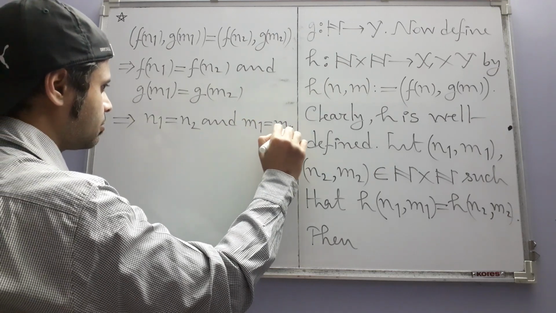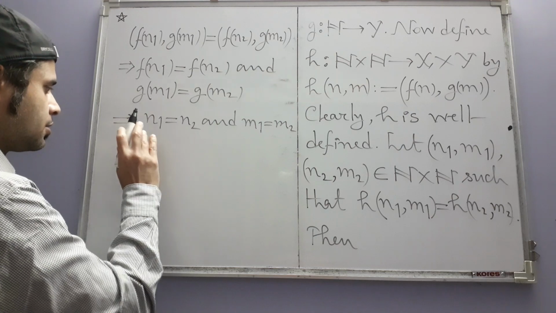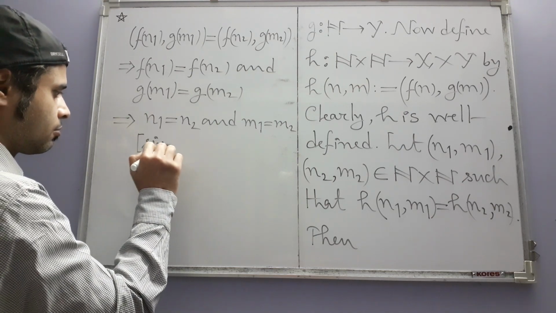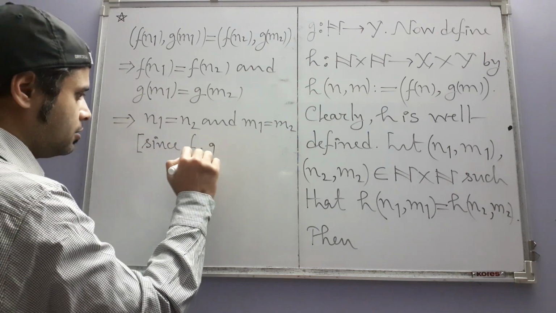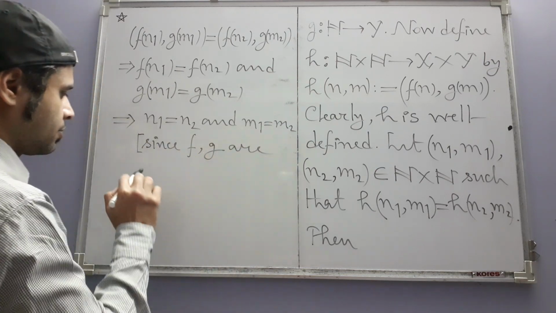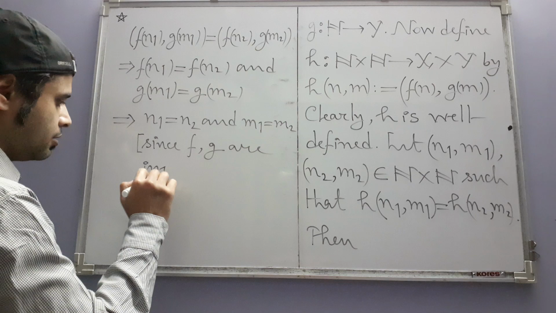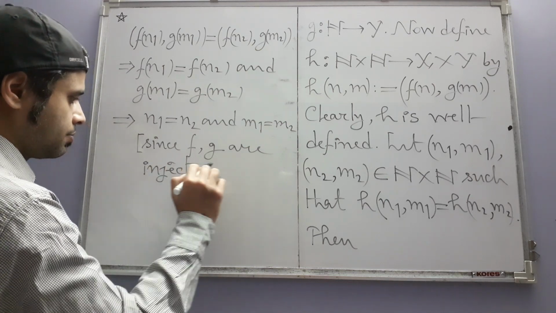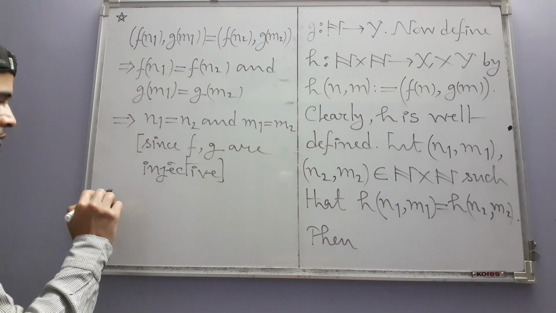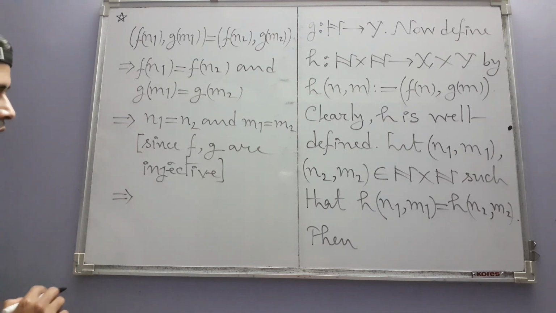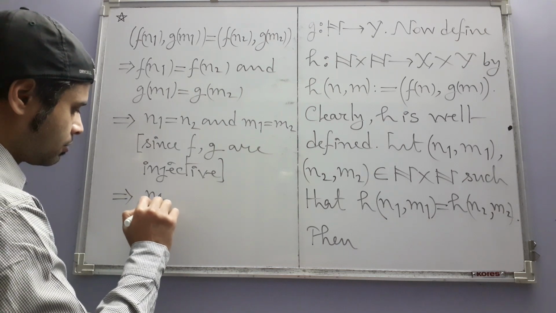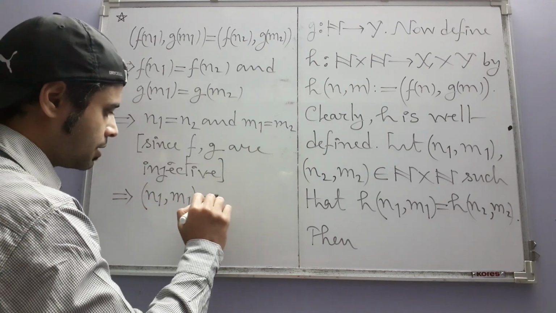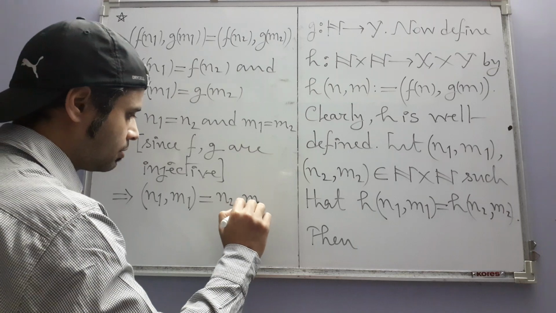Why? Since f and g are themselves injective, because they are one-to-one functions, and this then implies that the ordered pair n1 comma m1 is equal to the ordered pair n2 comma m2.